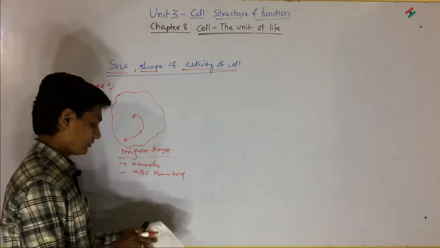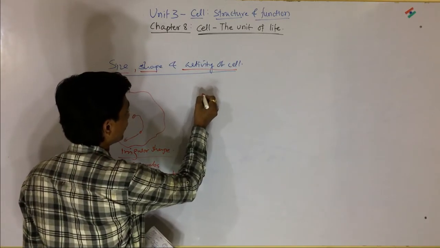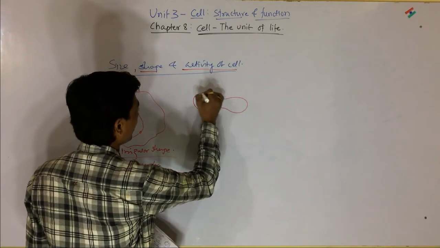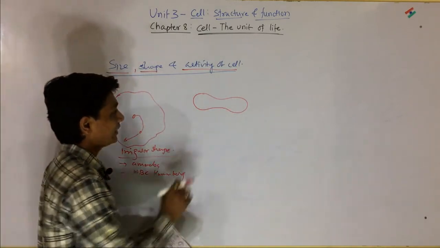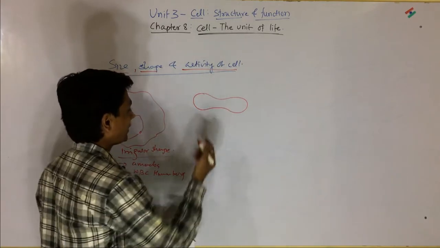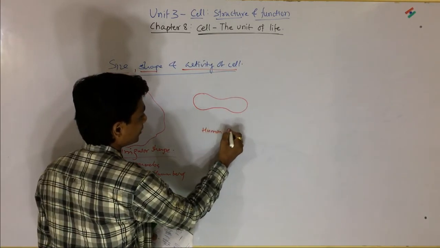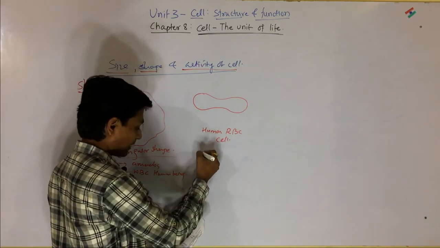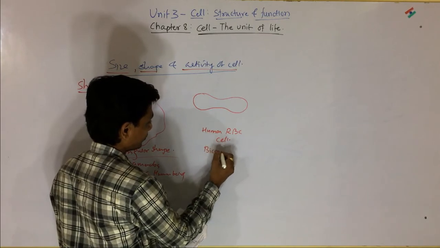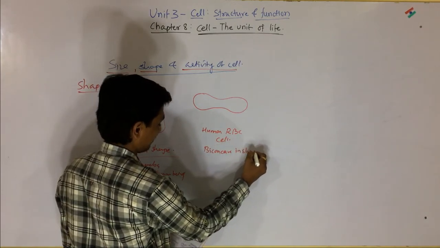Second one, RBC cells, which have a concave shape. The middle part is shrunk and the side part is swollen. This is the human RBC cell, which is biconcave in shape.